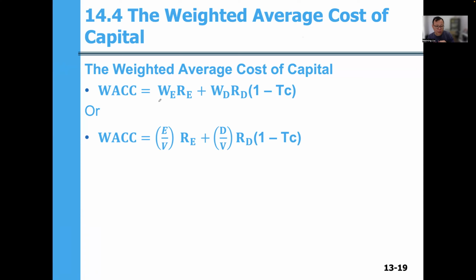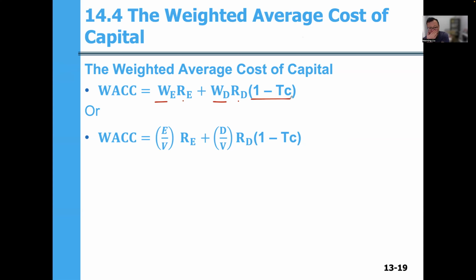First, the weight on the equity times the return of equity, and the weight of the debt times the cost of debt, right? And note there is a tax shelter, 1 minus TC, which is the tax rate of the company.